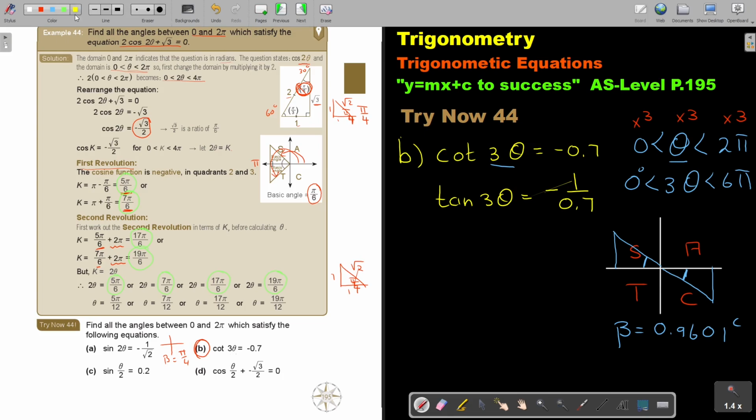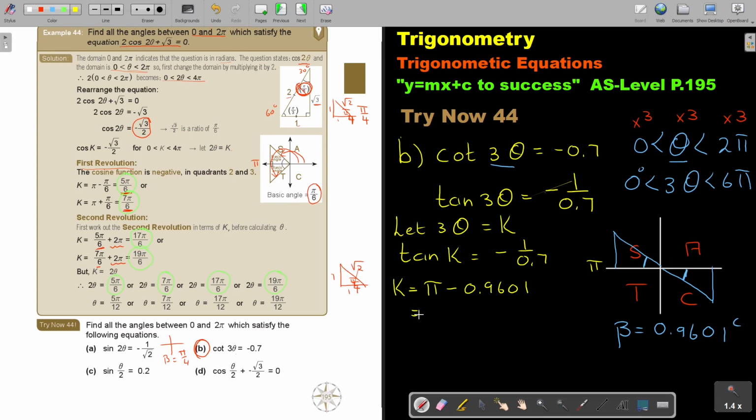Now, say let 3 theta equal k. So I have tan k is equal to negative 1 over 0.7. Now I start. The first k is in the second quadrant, so it's pi minus 0.9601. I think it's always good that you first work it out.